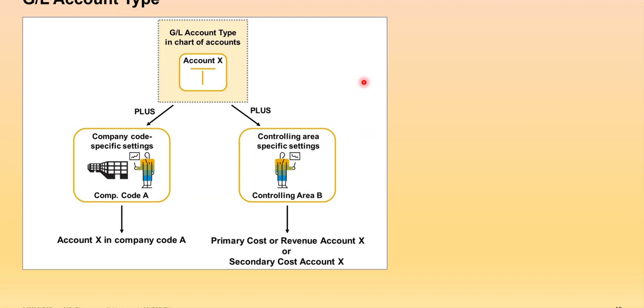Primary cost reflects operating expenses such as payroll, selling expenses, or administration costs. Secondary cost is nothing but income statement account that functions as a cost element for secondary costs. Secondary costs result from value flows within the organization, such as internal activity allocations, overhead allocations, and settlement allocations.